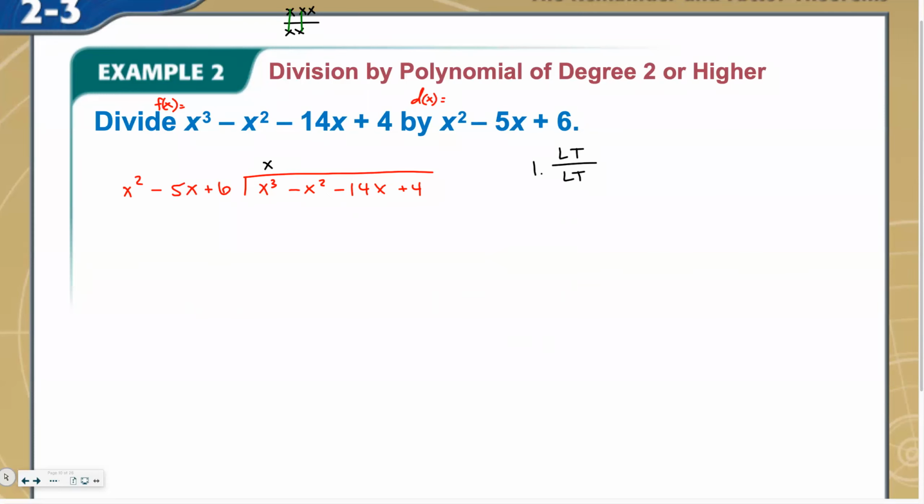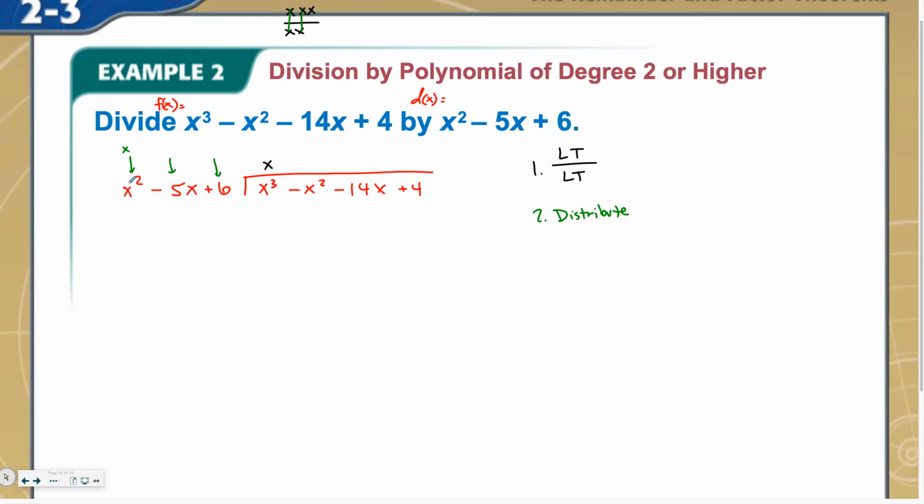Now step 2. Step 2 was, Keyshawn, do you remember? It was to distribute. Distribute, that's right. So every value in the divisor gets multiplied by x. So I'll just do it this way.